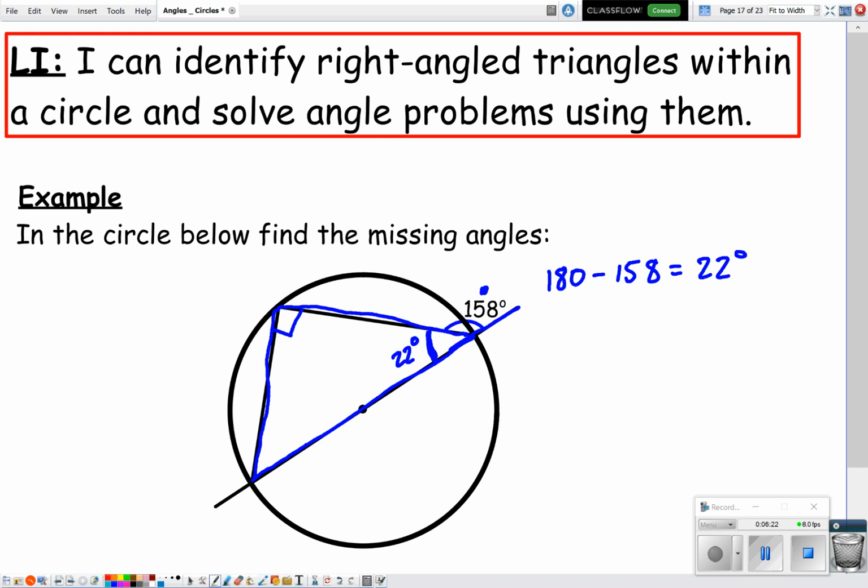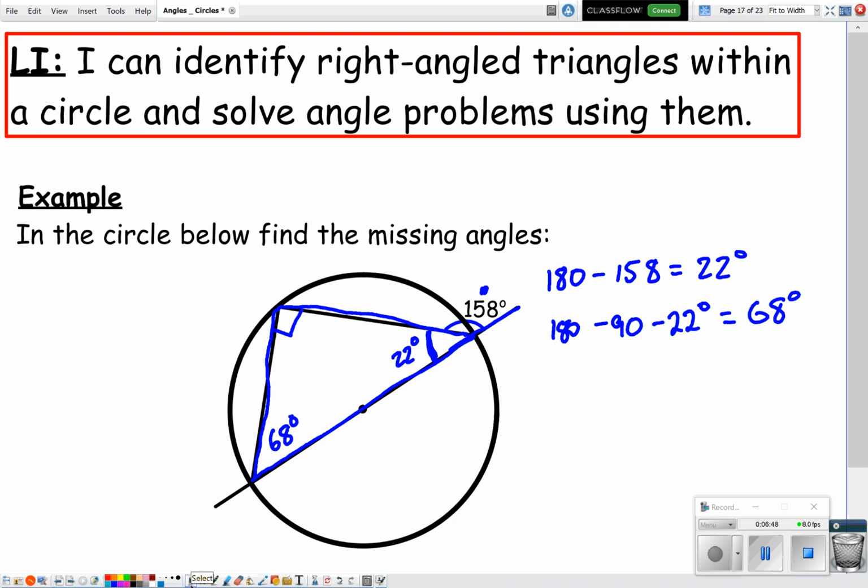And the third angle, now we're inside the triangle, we do 180, take away 90, take away 22 degrees. So 180 take away 90 is 90, 90 take away 22 is 68 degrees. Done. So, pretty short lesson, that one.